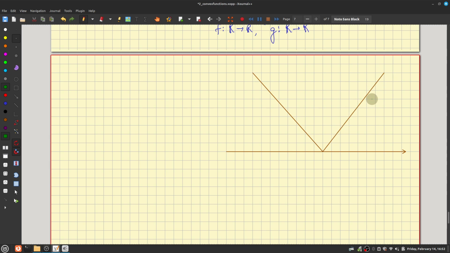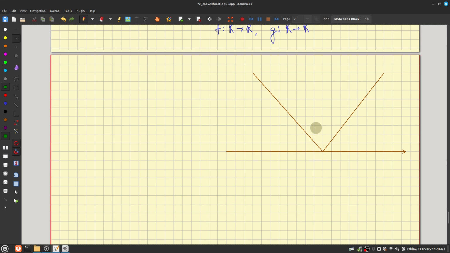In fact, it is equal to this on the right hand side. For x greater than 0, this itself is the tangent at any point. And for x less than 0, this itself is a tangent at every point. But what about x equal to 0? What happens?